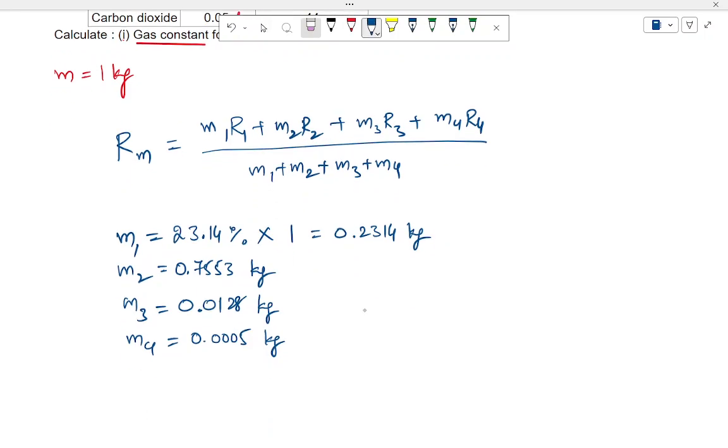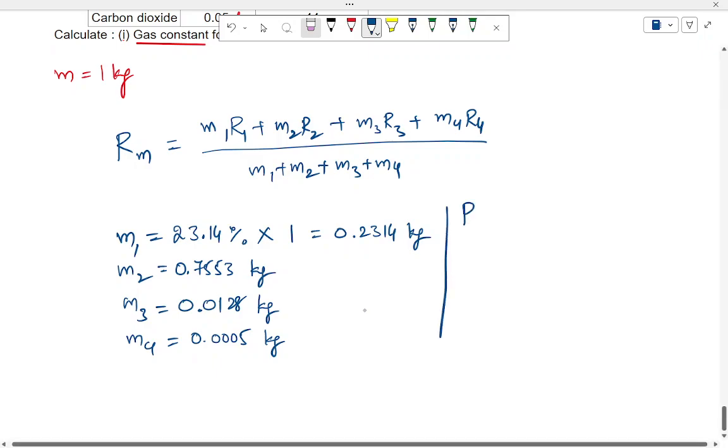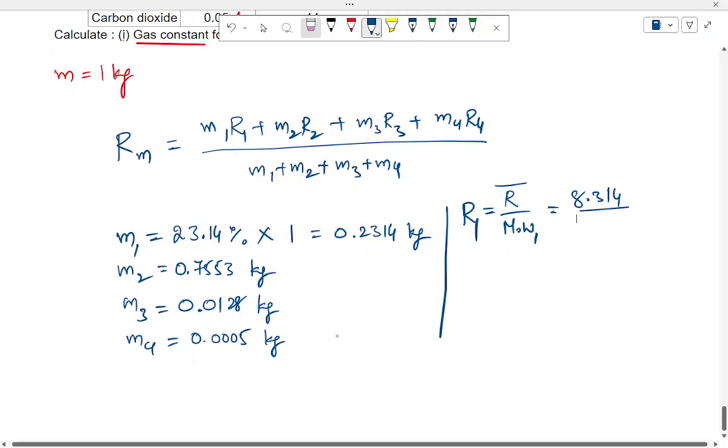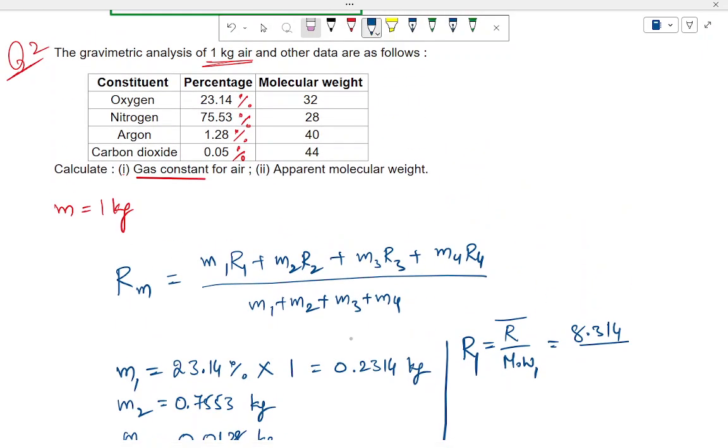Also you need the R1, R2 values here. The R1 is equal to R bar by the molecular weight of that particular thing. So R bar is 8.314, and the molecular weight of the first body is given as 32 in the question. Actually this is oxygen, which you should remember. Actually it need not be given in the question.